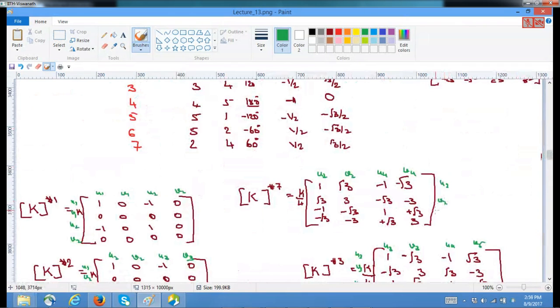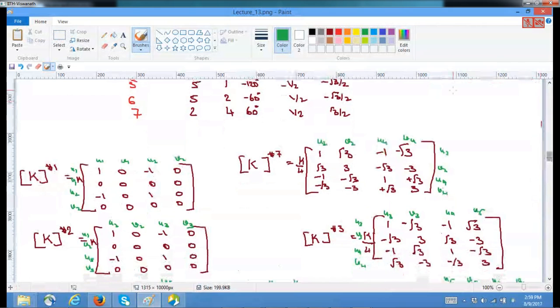So what are the degrees of freedom? The degrees of freedom are numbered as follows. Either you can have it in this method or you can number the degrees of freedom. This is 1, this is degree of freedom 2, this is degree of freedom 3, this is 4.